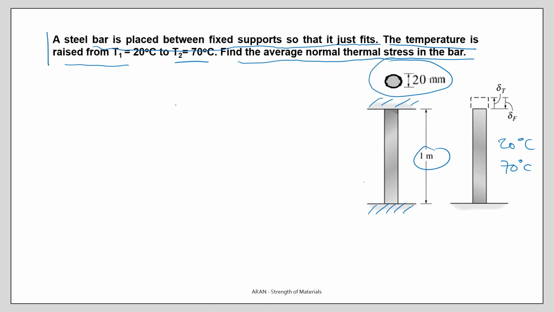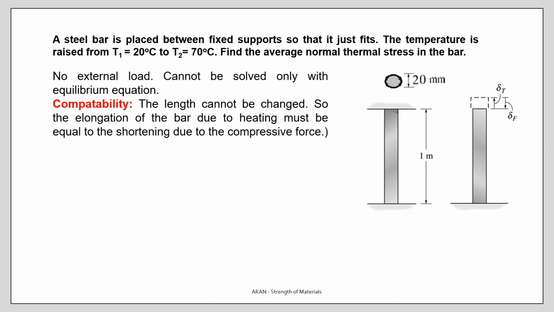How can I solve it? There is no external load, so the only thing I can use is the compatibility. We know that the total length cannot change. It will remain 1 meter. If you increase the temperature, the bar tries to expand by a value of delta T, but it cannot. Why?